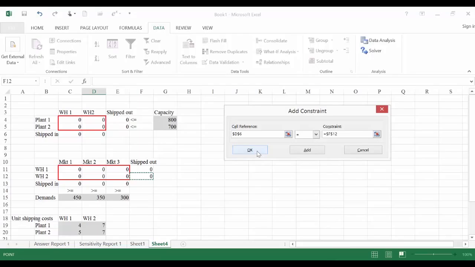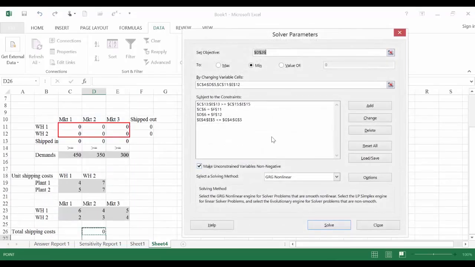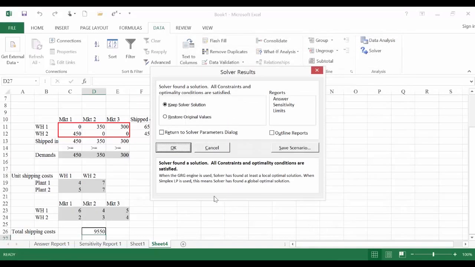After we specify all these constraints, also make sure the non-negativity constraints are checked here, and we select the simplex LP method. After that, hit the OK button.